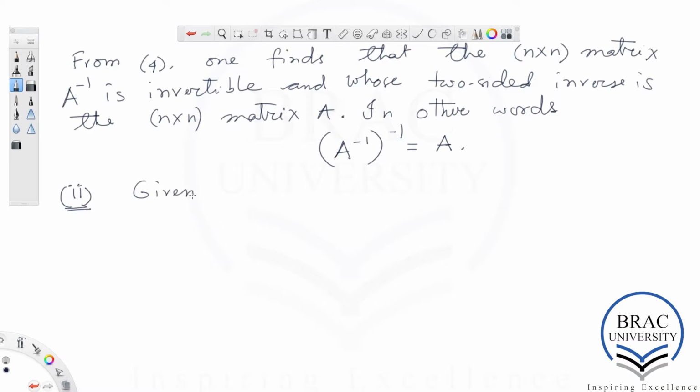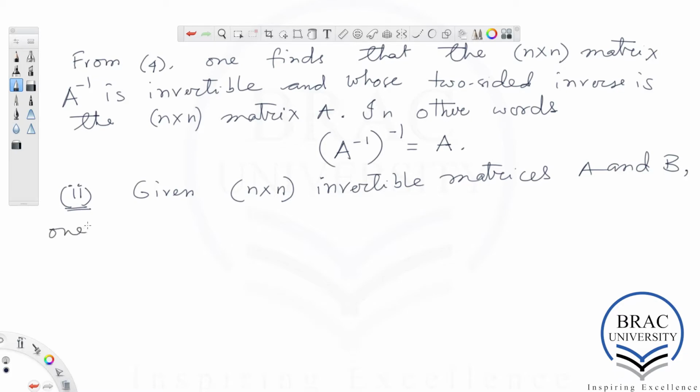Given n times n invertible matrices A and B, they are both n times n invertible matrices.